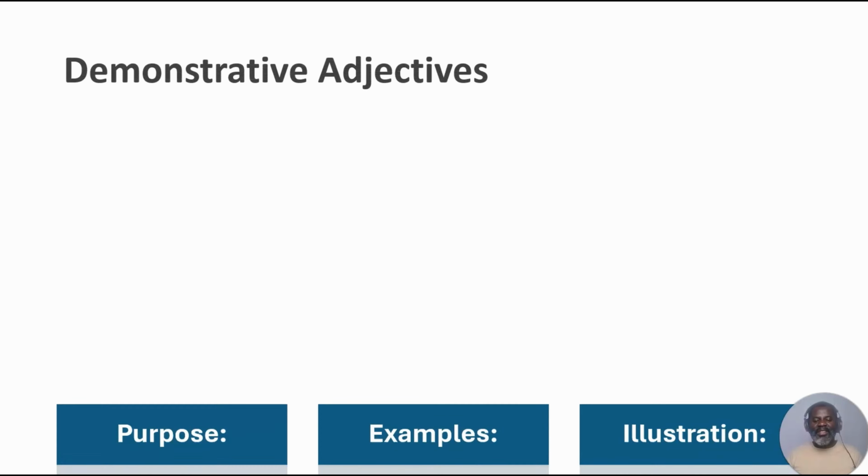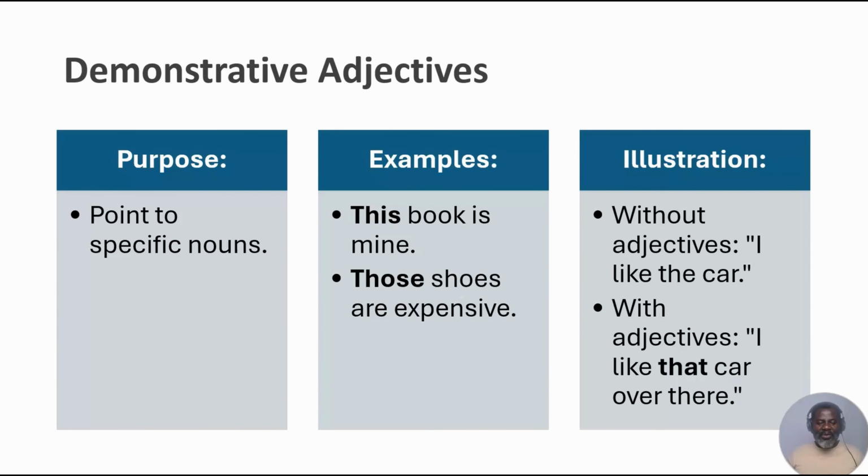The next type is demonstrative adjectives. Their purpose is to point to specific things. When we use words like this, we are demonstrating where something is. We are pointing to where something is using language. So we can say, this book is mine. Those shoes are expensive.